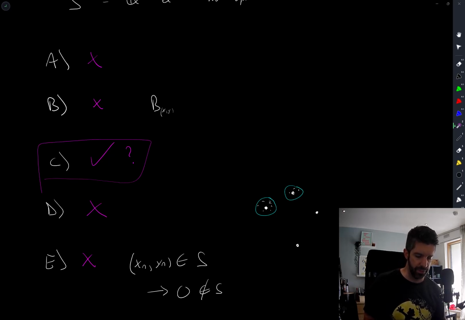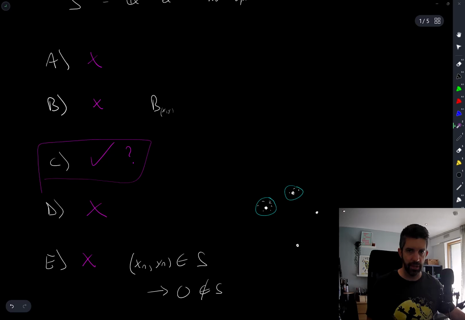I think one way to do it is: if S were not connected, then you should be able to show that the unit square is not connected, but it is. That's probably the proper argument, but I'm not going to work out the details.